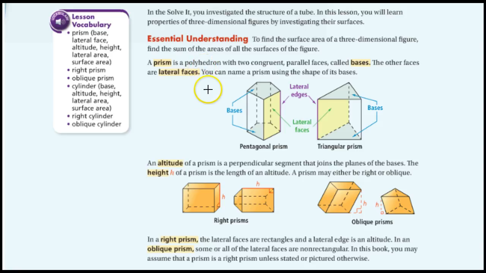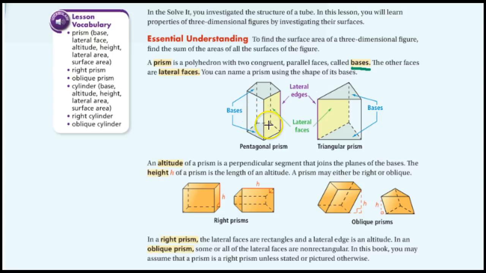First of all, here's a prism, and a prism is any polyhedron that has two congruent parallel faces, and those are called the bases. This particular one has bases that happen to be pentagons.